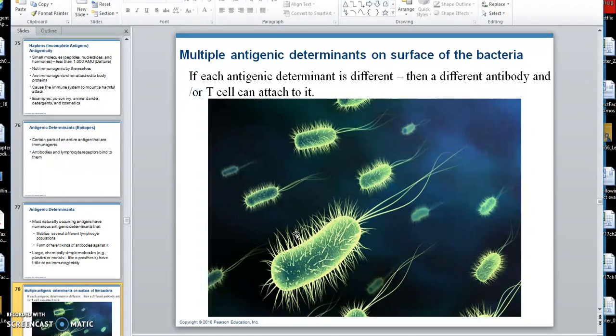But if something got in and it had a bunch of different antigenic determinants, then more than likely your parents would have passed you on a skeleton key that could fit some of these. So the more diverse the antigenic determinants, the more likely you have in your genes, your DNA, recognition of something that can fight it.